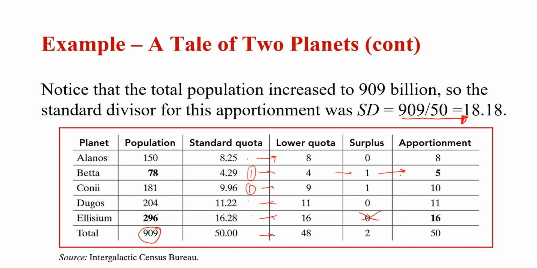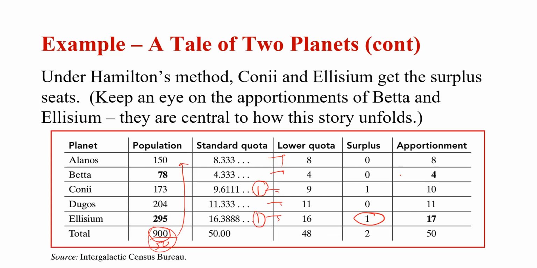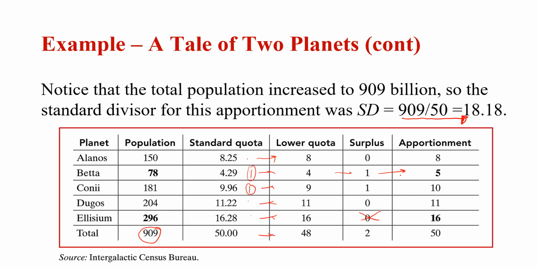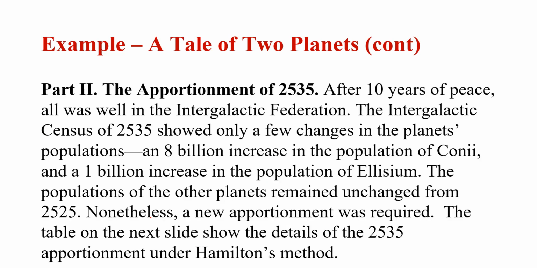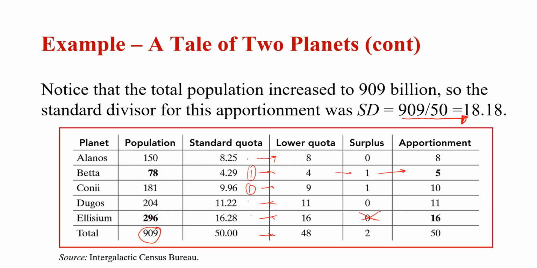And notice that beta, where did the population growth increase? This is no fun. Totally no fun. Look at that. Beta has 78. Elysium has 295, right? Notice that beta did not increase population at all. It was actually this state that increased the population. But because of the population growth, they actually lost the seat. That's not cool.